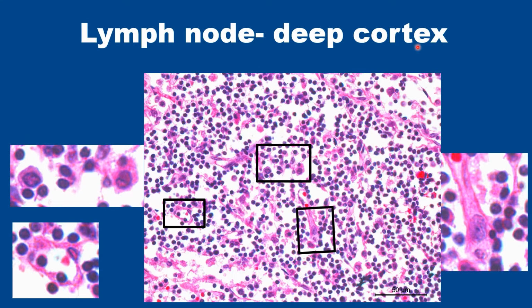The deep part of the cortex or the paracortex contains scattered lymphocytes. Macrophages are there, lots of macrophages. Macrophages contain a big nucleus with the cytoplasm, and their main function is to phagocytose the foreign bodies or antigens.